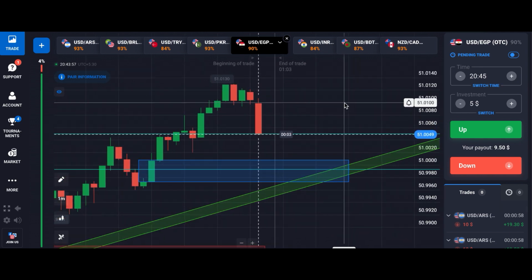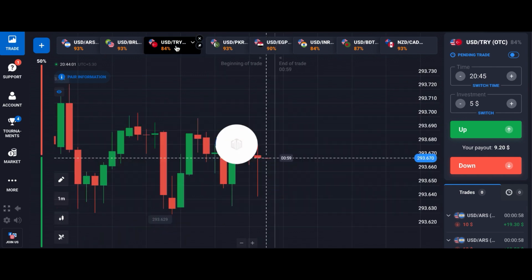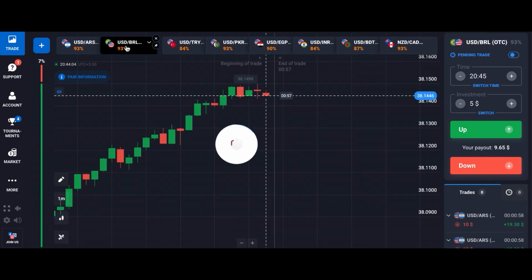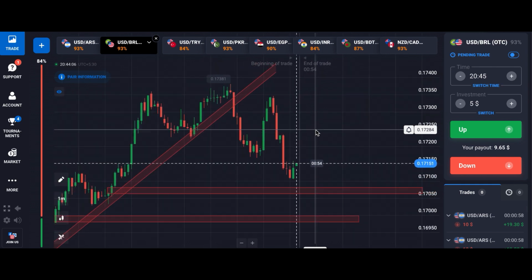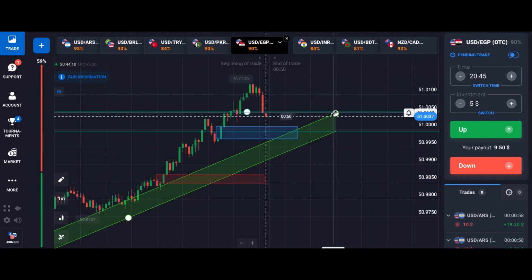Now our level is this one, so I think the next candle will reach this level and then we will take the trade. So this is still pending. Let's wait for this.